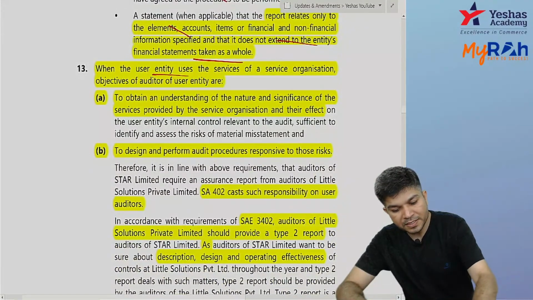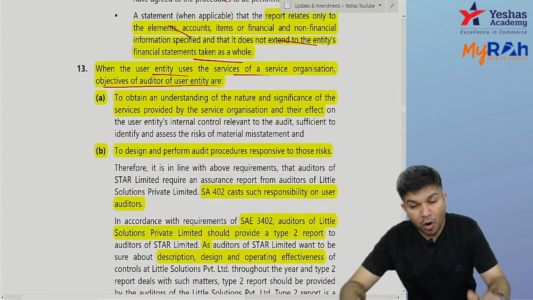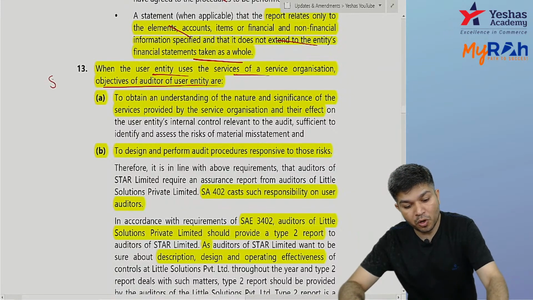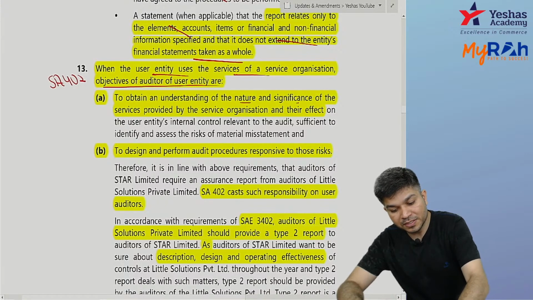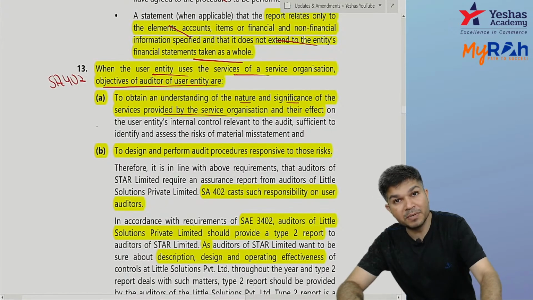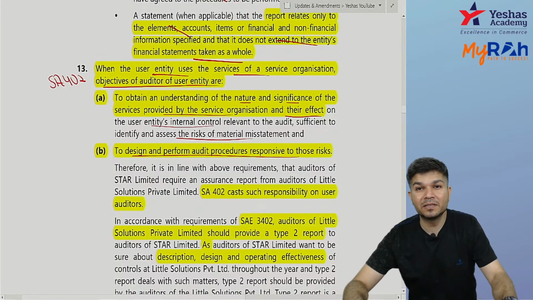So check out. When a user entity uses a service organization, what are the objectives of the auditor of the user entity? SA 402 ke objective: you have to understand the nature and significance of the services provided by the service organization and their effect on the user entity's internal control and the risk. And based on that, I'll design my procedures responsive to it.